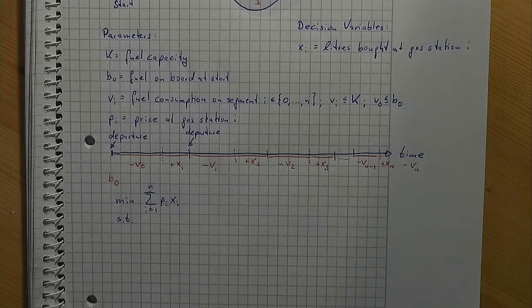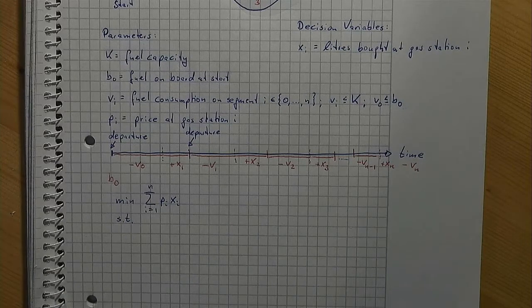When it comes to the constraints, it helps to figure out what a so-called state of the system could be. In our case, the state of the system could be the fuel on board upon departure from a certain location. At the start, the initial state is described by B0.